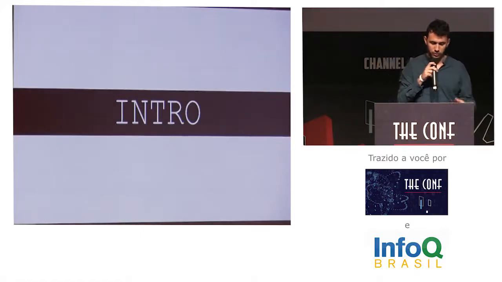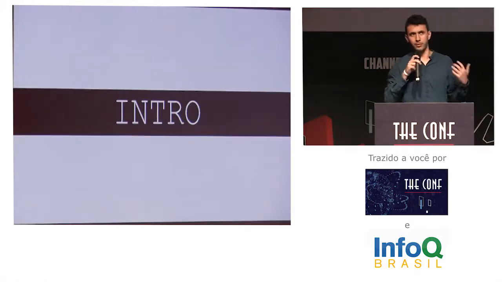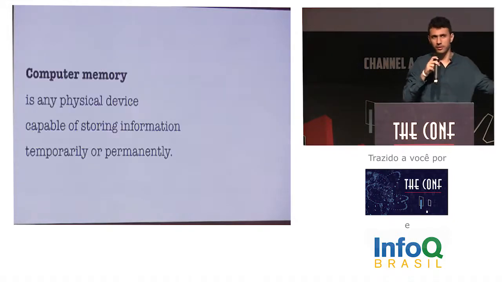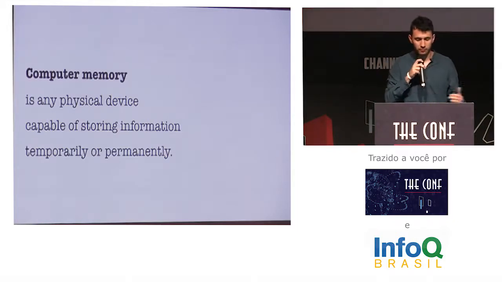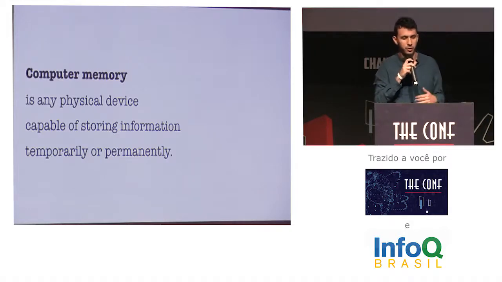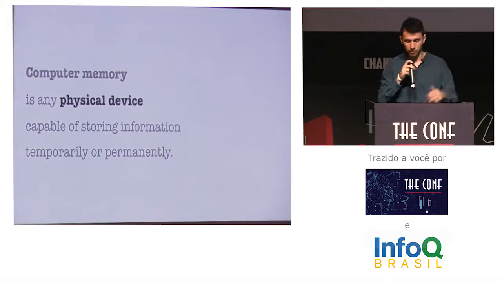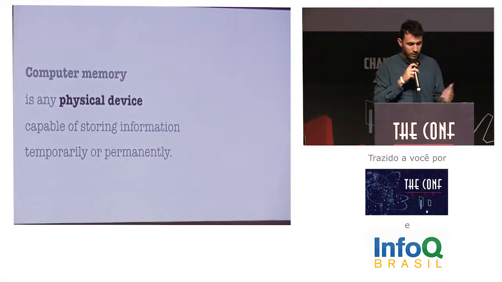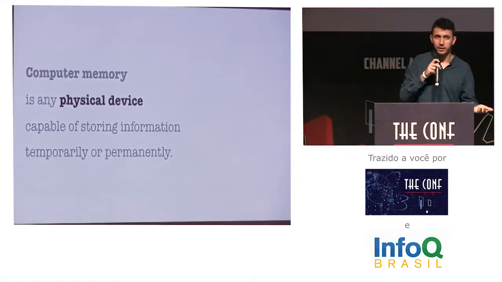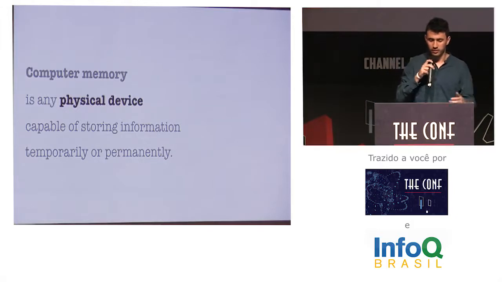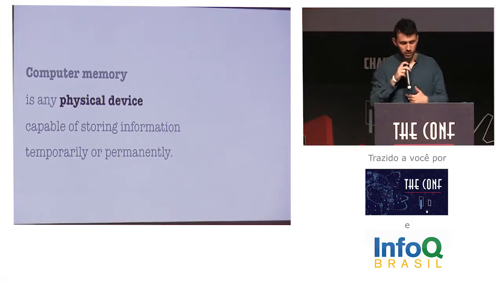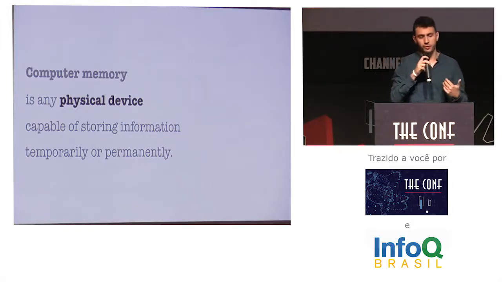I'd like to introduce other topics before we begin, just to pass on concepts that all of us know. Computer memory is any physical device capable of storing information temporarily or permanently. Physical devices are limited. Despite what Amazon or Heroku say, at global.com we have our own infrastructure.